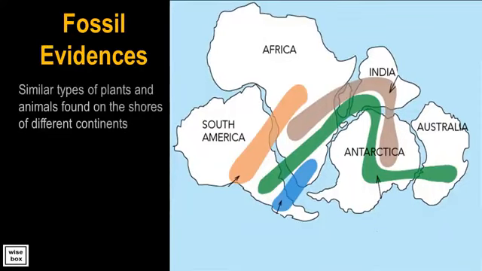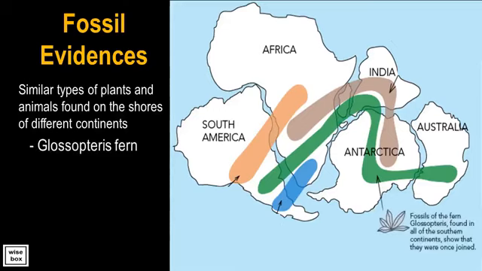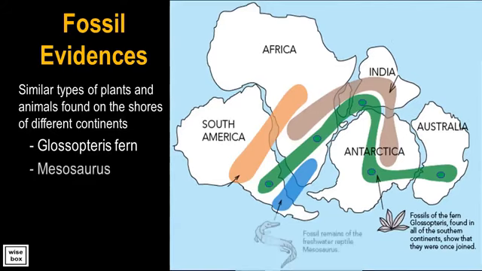Fossils of similar types of plants and animals found on the shores of different continents suggest that the continents were once joined. Fossils of Mesosaurus, a freshwater reptile, have been found both in Brazil and Western Africa.